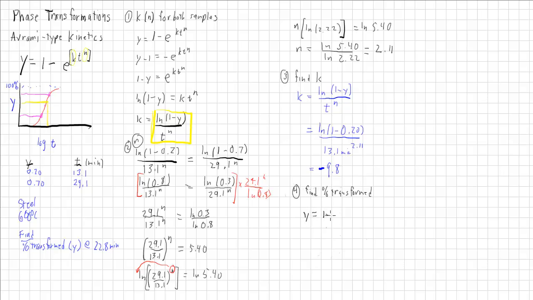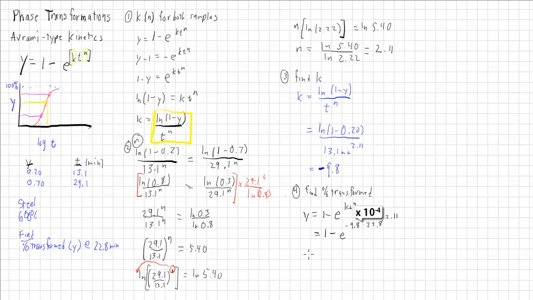Y equals 1 minus e to the k times t to the n. And that's 1 minus e, and our k is negative 9.8. Our time is 22.8 minutes. Those units cancel out. And it's raised to the n, which is 2.11.